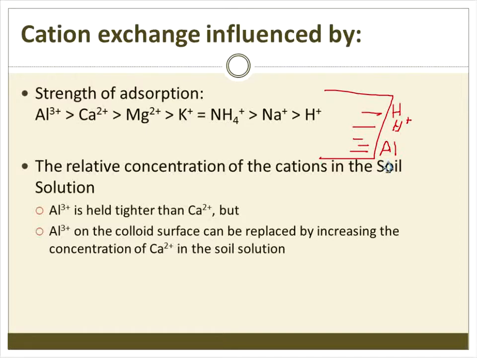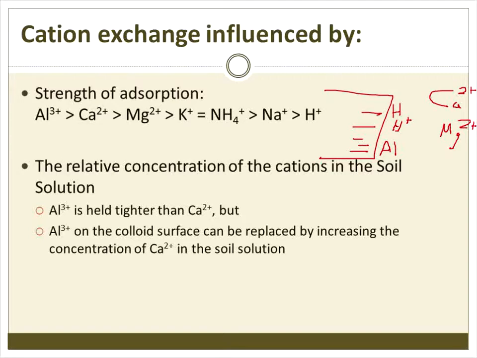If you come out here in the solution somewhere and you put in a whole bunch of calciums or magnesiums, so you increase the concentration of these quite a bit, they can in fact displace this aluminum, which is held tighter in theory than the calcium and magnesium.